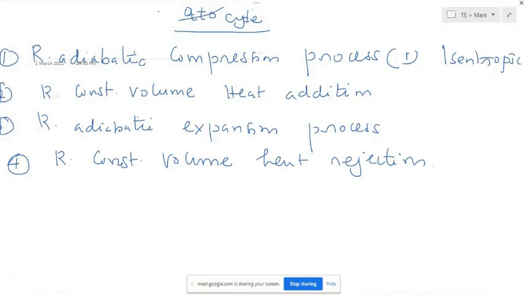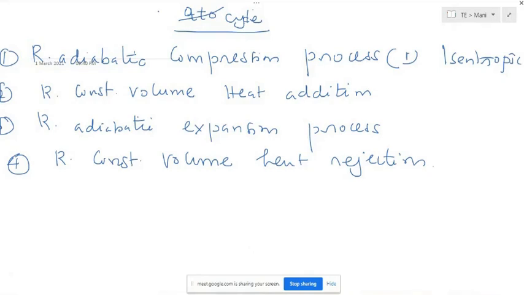So these are the various processes considered in an OTTO cycle. Already you know what is meant by compression and expansion. In the case of compression, there are changes in the volume and pressure. Likewise, in the expansion process also. So we will see what parameters are going to change during these various kinds of processes.